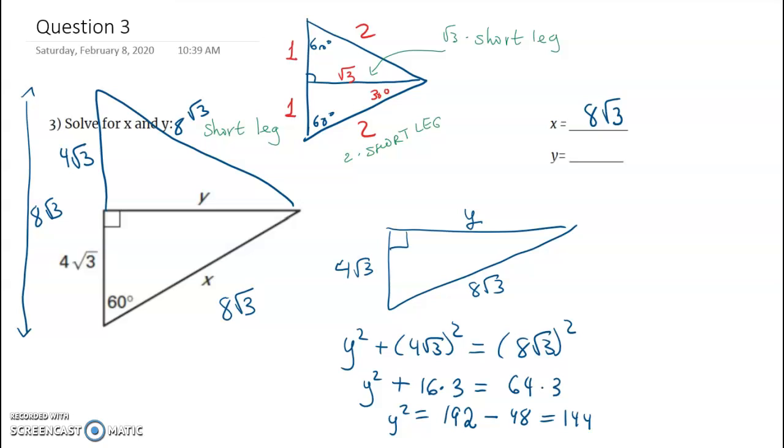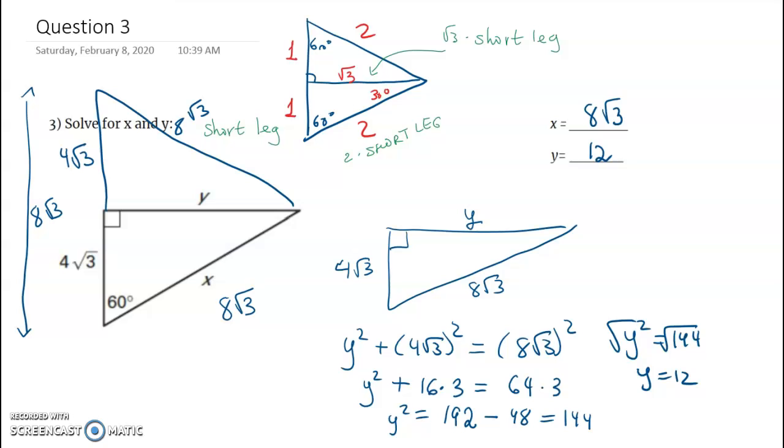And it's great because it's a perfect square, so then I know right away that if y squared is 144, and I take the square root, that y has to be 12. So this approach uses Pythagorean theorem once you realize that the hypotenuse has to be twice as long as the short leg. Again, going back to our isosceles triangle. Okay, so that's one way to do this.